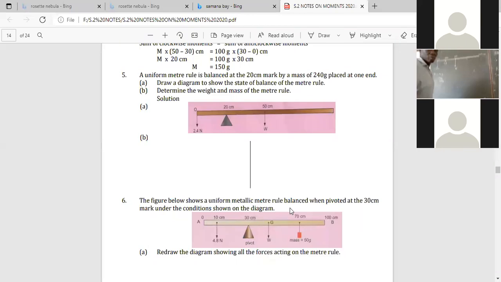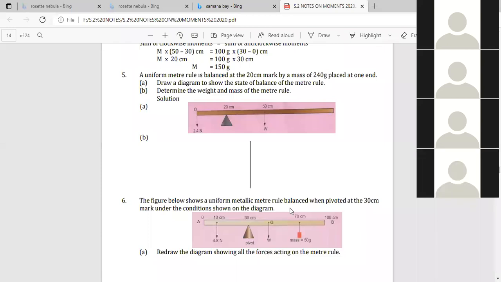Times what? Times 10. What do we get? 2.4 newtons. Is that okay? So our F here is 2.4 newtons. Okay. What are they asking us to find?